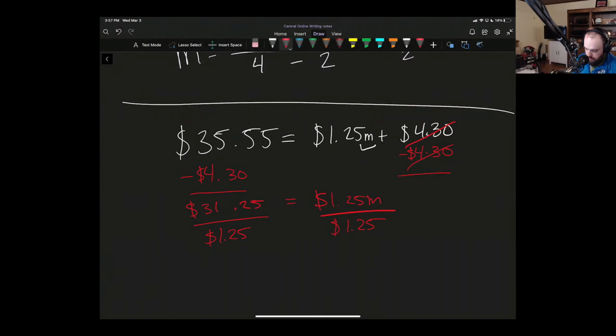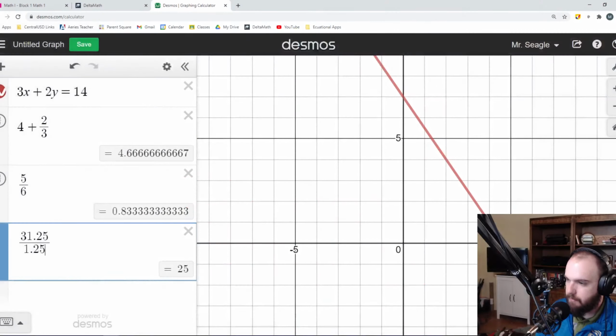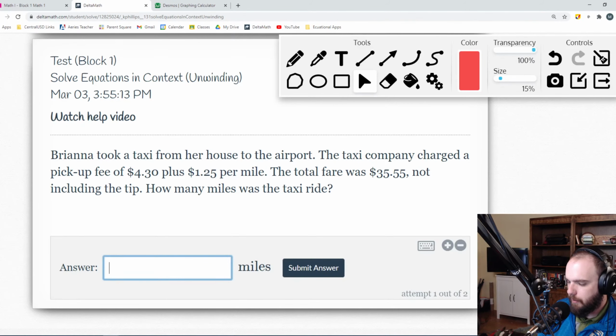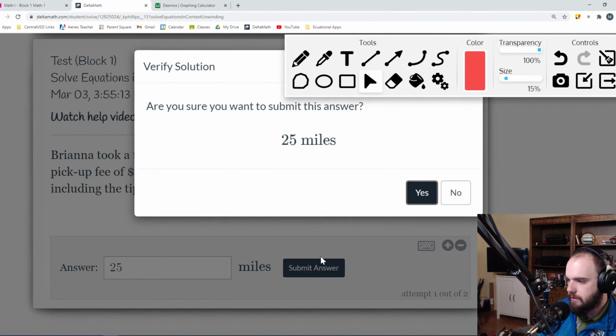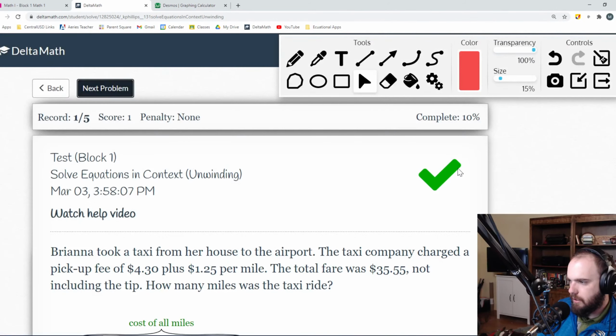So my M, because these simplify, this goes away. So my M is 25 miles. That trip to the airport is 25 miles. So when you go back over here, we want to do 25 miles, hit submit, and voila.